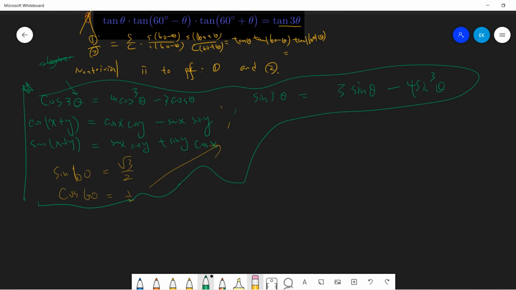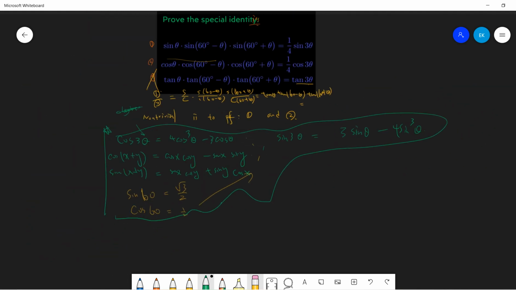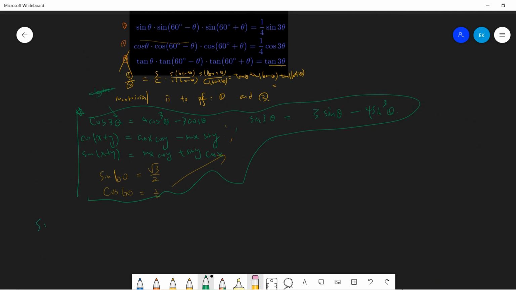Let's prove the first one. Now everyone should be clear. Sine theta times sine 60 minus theta: sine 60 cosine theta minus sine theta cosine 60, and then the same term with a plus sign, so the product will just be a difference of squares.